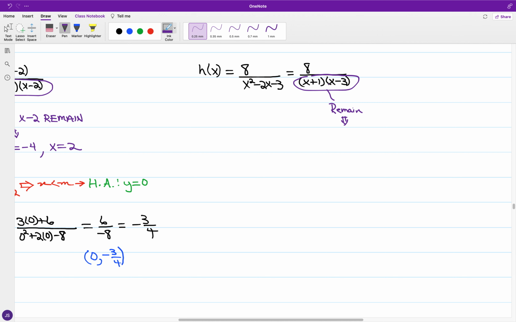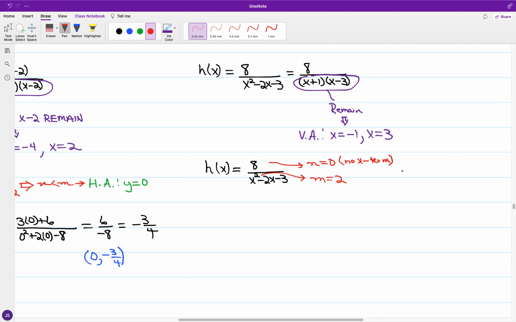Now I'll go ahead and get to the other asymptote. And for the degree comparison, I have just the number 8, so n is equal to 0. The reason for that is that we do not have an x term. And for the denominator, we have that m is equal to 2.